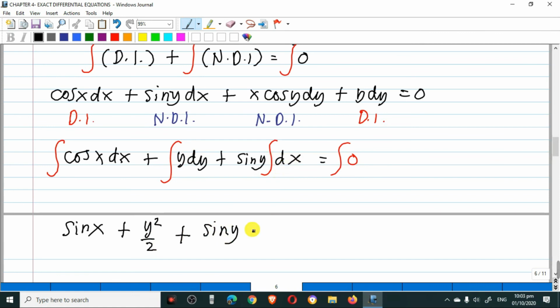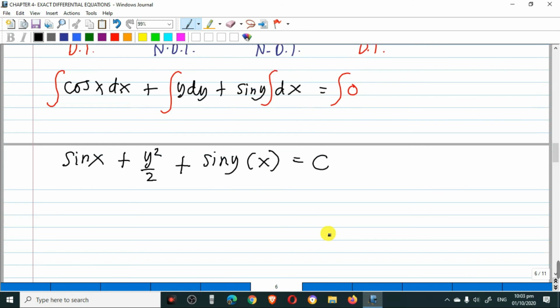So, the integral of dx is simply equal to x. And this is equal to c. Okay? Then, simplify further. I-arrange muna natin. So, arranging this is sine of x plus x sine of y, and this is plus 1 half y squared, and this is equal to c.